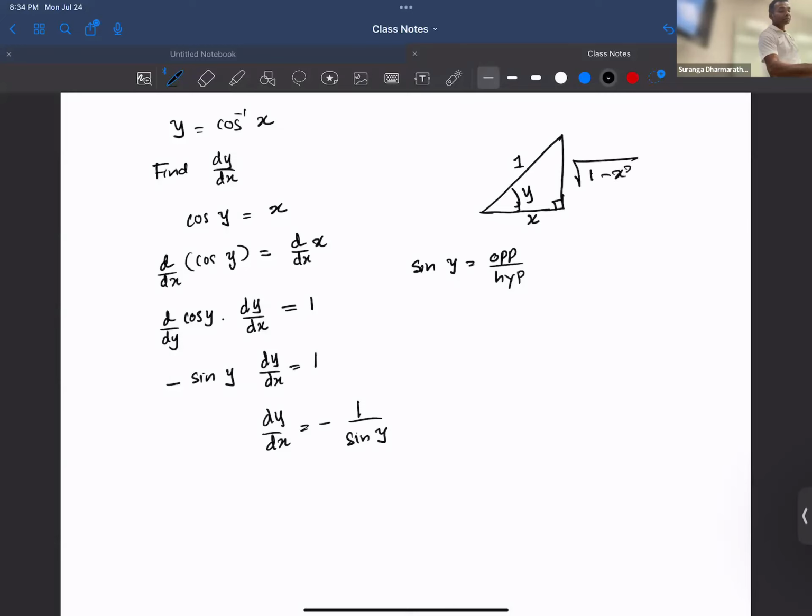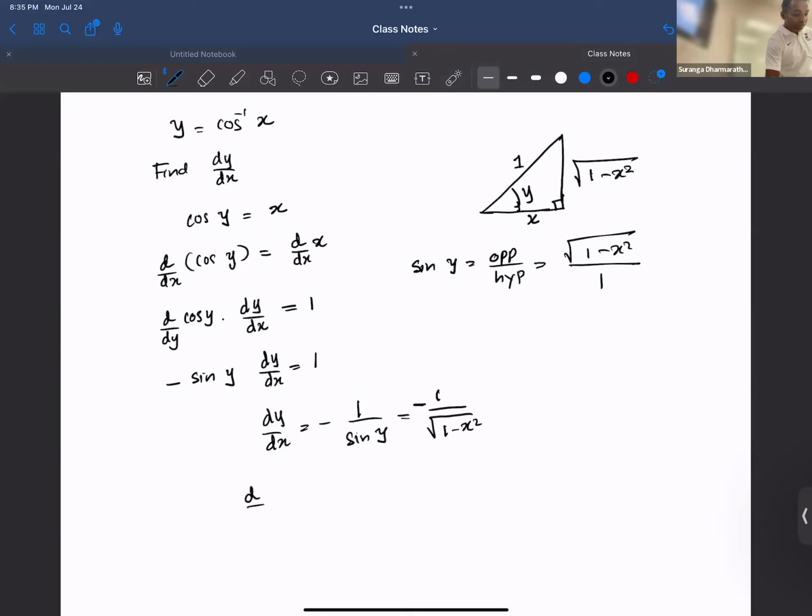It is the square root of 1 minus x squared, over 1.